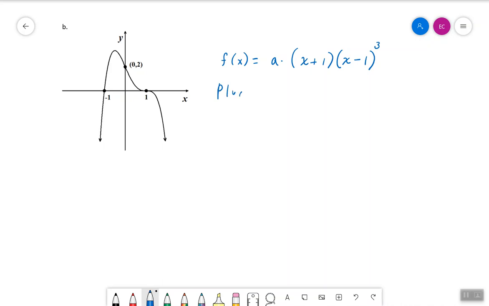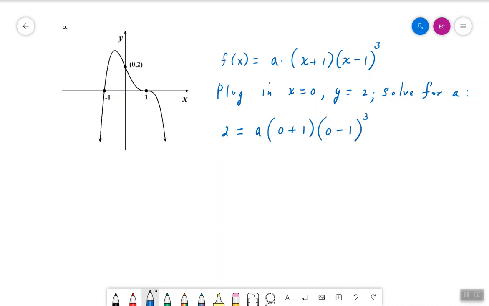Let's plug in x equals 0, y equals 2, and solve for a. So we'll have 2 equals a times (0 plus 1) times (0 minus 1) cubed. 2 equals a times, well, this is just 1, and then this is negative 1 cubed, which is negative 1.